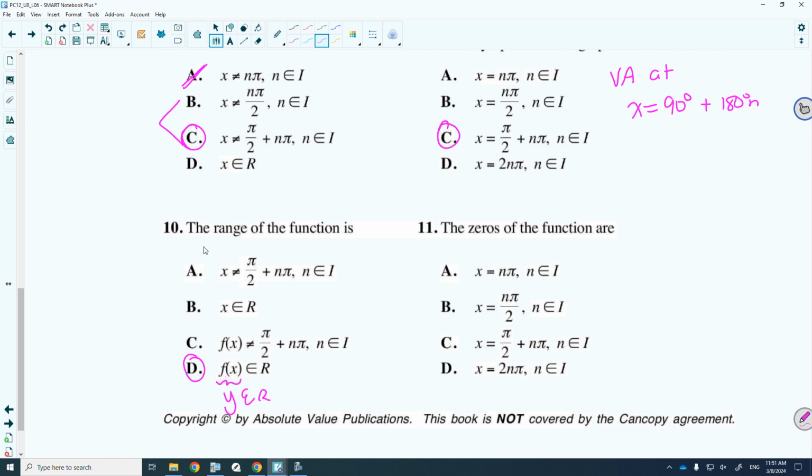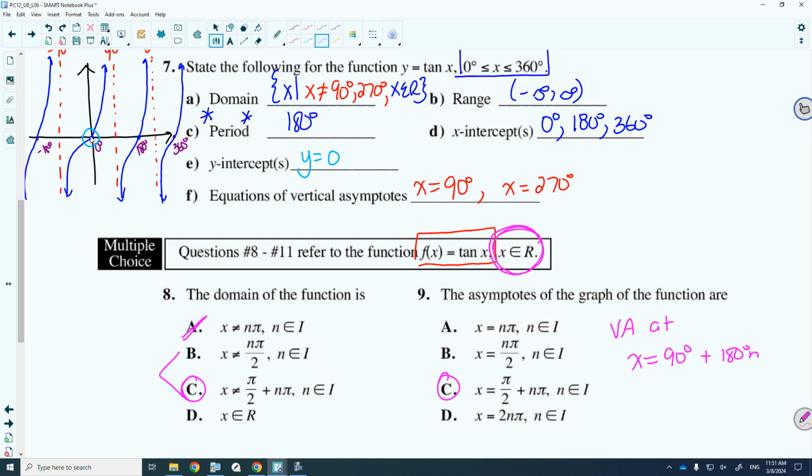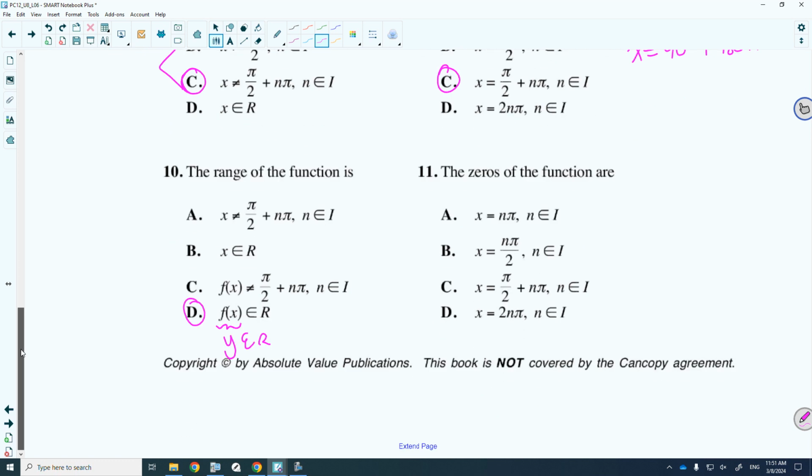The zeros of a tan graph, okay, so where are the zeros? 0, 180, 360. So let's write the zeros. The zeros of a tan graph are 0, 180 degrees, 360 degrees, multiples of 180 degrees. Which one of these would take care of all of these zeros?